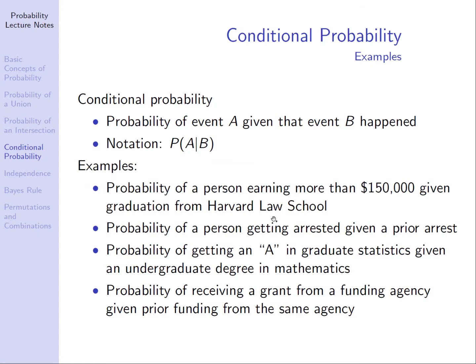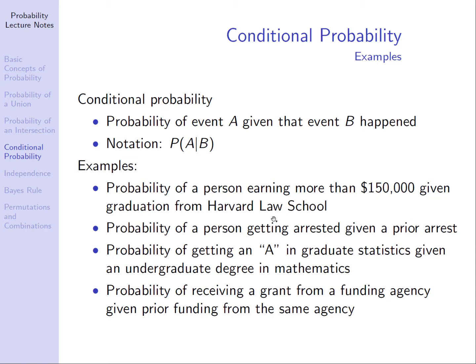Now, when we were talking about the polo shirts before, we have already introduced the concept of conditional probability. Conditional probability of an event A is: what is the probability of event A happening when we know event B happened? So for example, you could think about the probability of a person earning $150,000 or more after graduating law school.